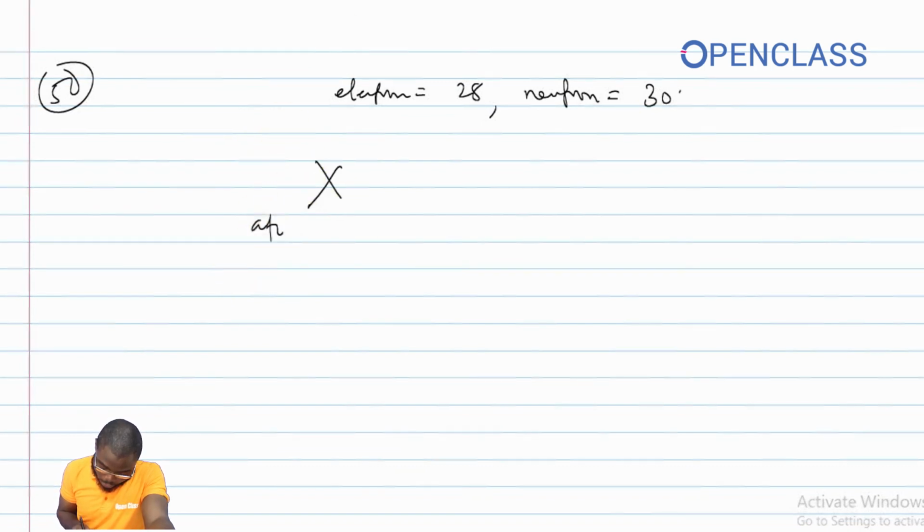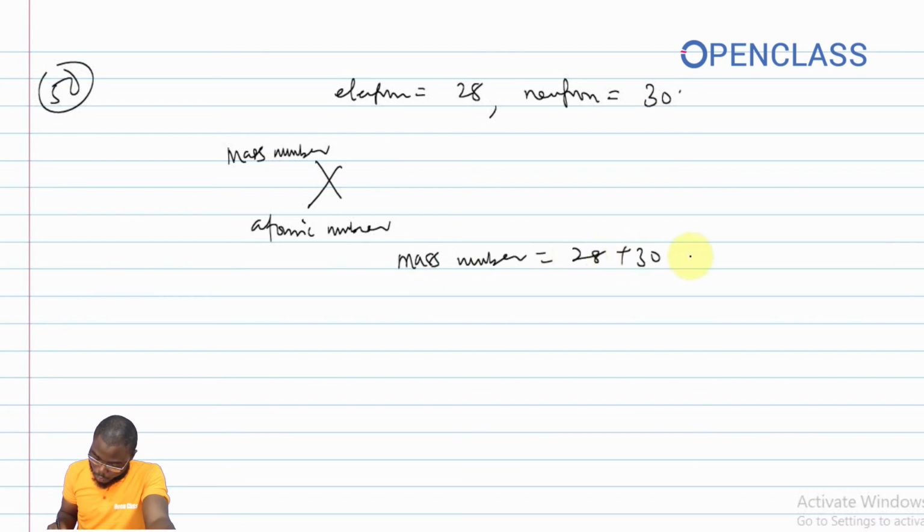An element X would normally be represented as X, with the atomic number as a subscript and the mass number as a superscript. In this case, the mass number is 28 plus 30, which will be 58.